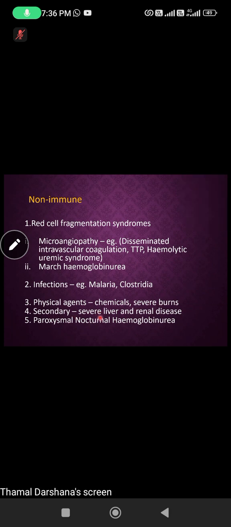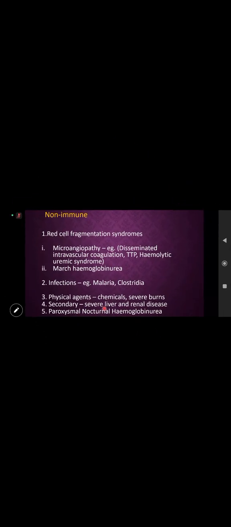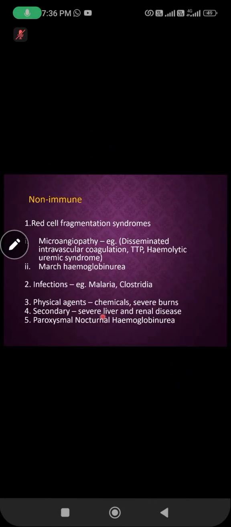You know, the liver produces proteins required for the red cell membrane. If the liver is severely affected, there is a reduced synthesis of such membrane proteins, causing a fragile red cell membrane, which is susceptible to lysis.